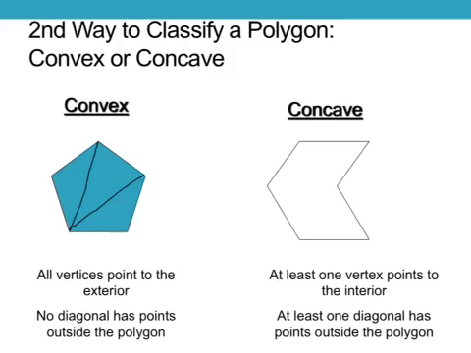Concave polygons have at least one vertex that points to the interior, which means at least one diagonal has points outside. So if I were to connect these two with what should be a straight line, if I could draw better, the points are outside my original figure, so that makes it concave.